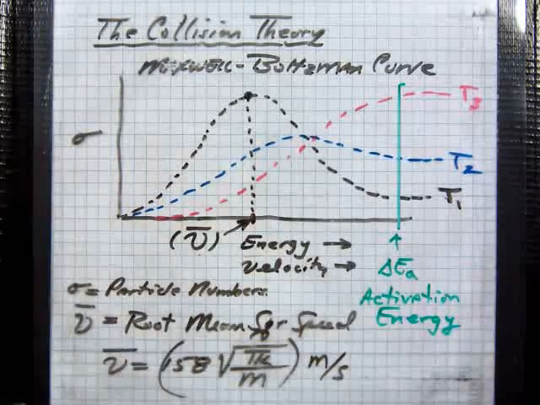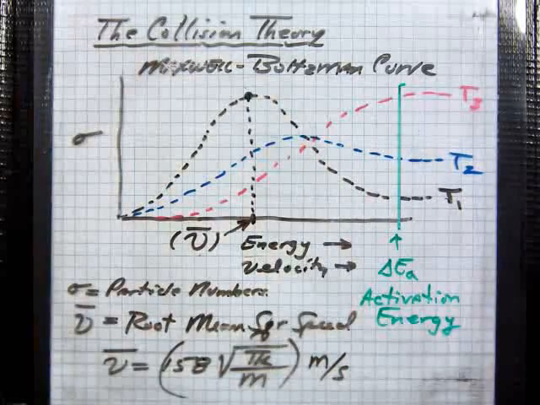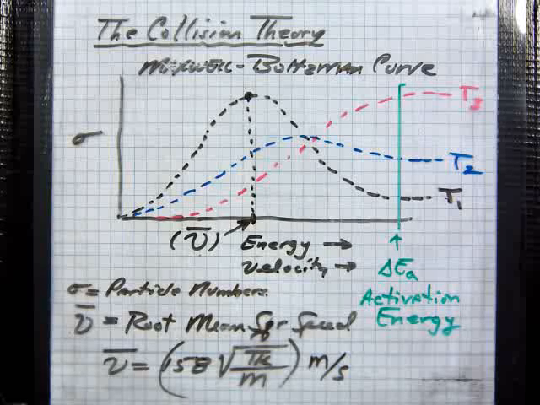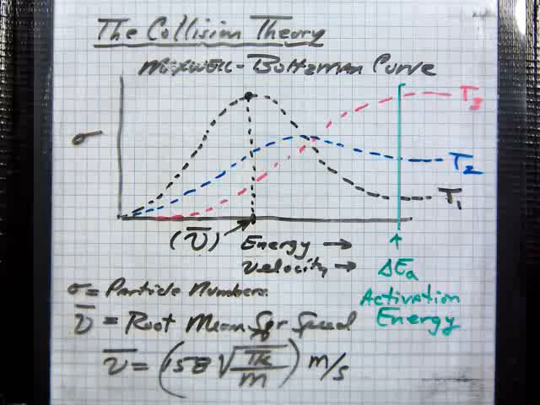Stating that in another way, if the particles on the left side of that green line have those energies, they don't react. You have to be at the green line or higher in energy. So particles must be at or above the activation energy when we talk about a chemical reaction.